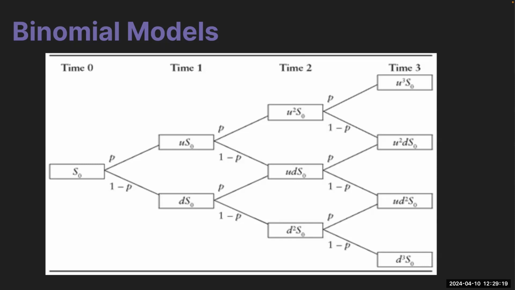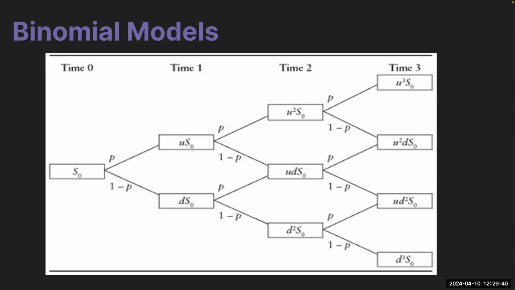If your U is 2 and your down is half, then at time 1 it will be 100 times 2, which is 200, or 100 times half, which is 50. And the probabilities of those would be P and 1 minus P.